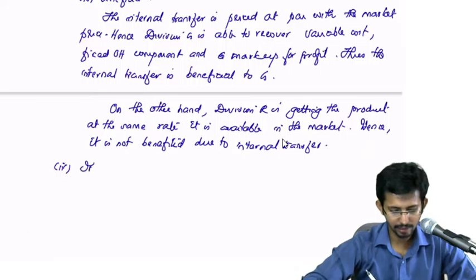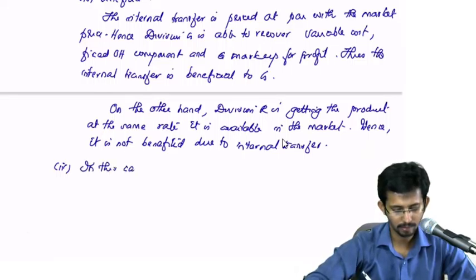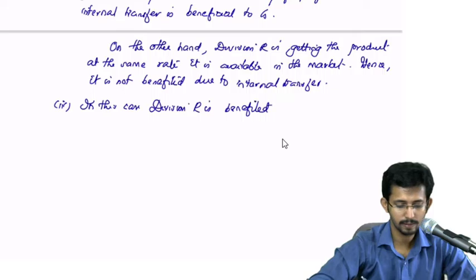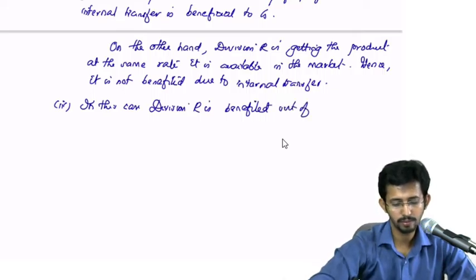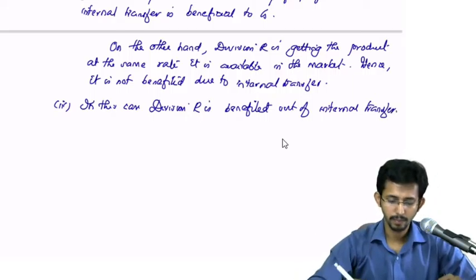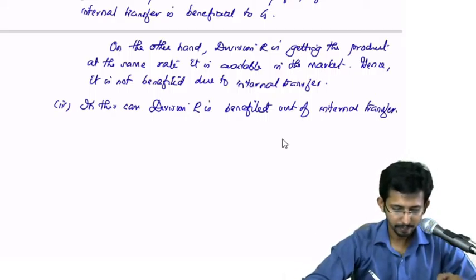In this case, division R is benefited out of internal transfer. Okay, how can you say that?